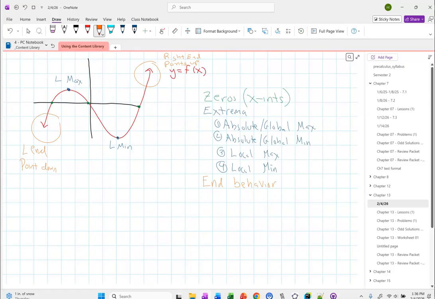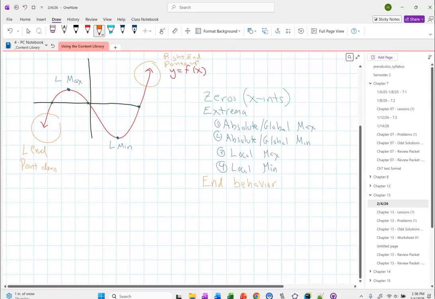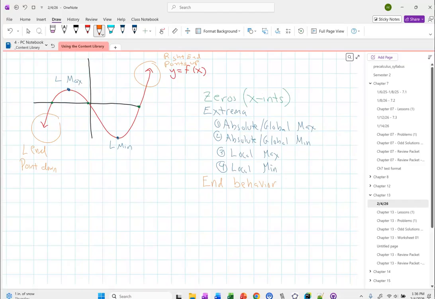It's a transitionary step that I'm just trying to illustrate. To write this, it's going to be the limit as x approaches something of f of x equals something. Every single time, that much of the limit you will write.